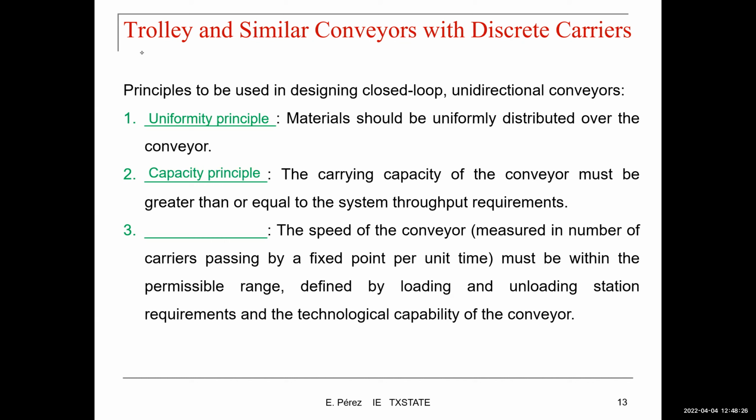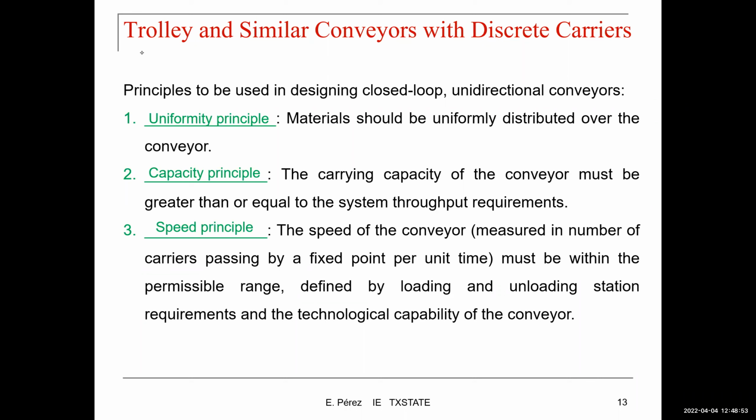Capacity principle, the carrying capacity of the conveyor must be greater than or equal to the system throughput requirements. Okay, so they have at least to have that type of capacity equal to the throughput required for the system. So if you're requiring a throughput of 100 units per hour, conveyor should be able to have a capacity at least at that level.